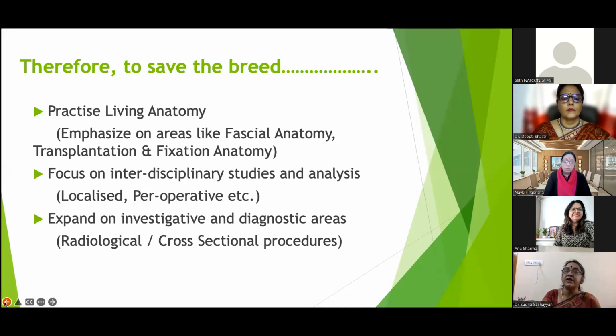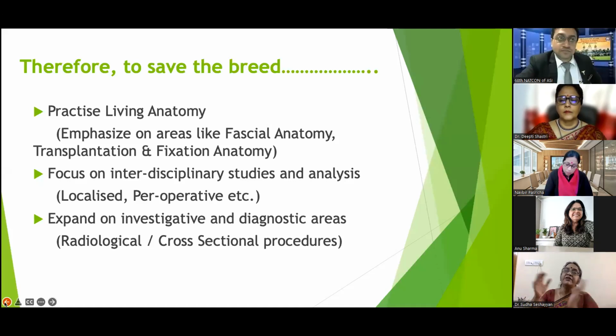The anatomist can contribute so much in the investigative procedures. You don't have to become an interventional radiologist. Probably in radiology, as an example, the anatomist can be the non-interventional radiologist performing only the investigative part, only the analysis of the various procedures, the analysis of the cross-sectional and radiological anatomy at that point of time.